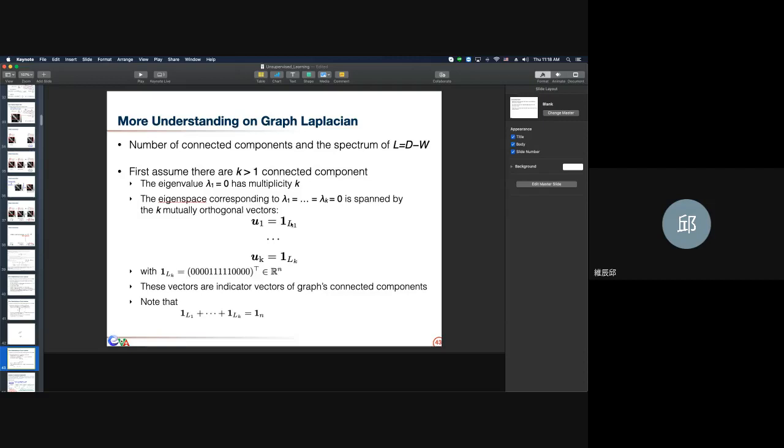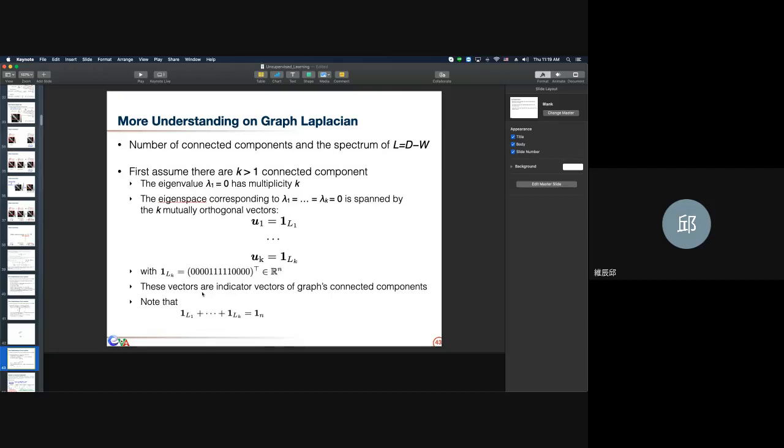So for every connected component, we have L1 to Lk, and every one of them has its own eigenvalue equal to 0 and corresponding eigenvectors in this form.